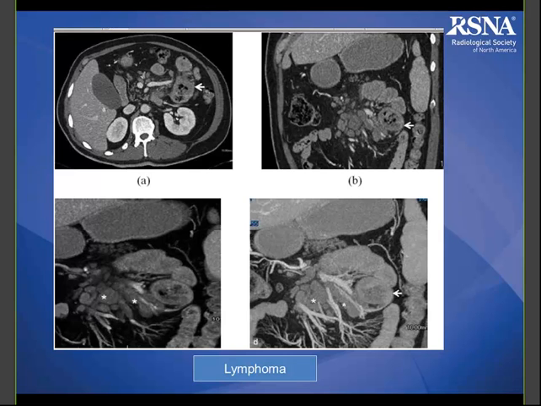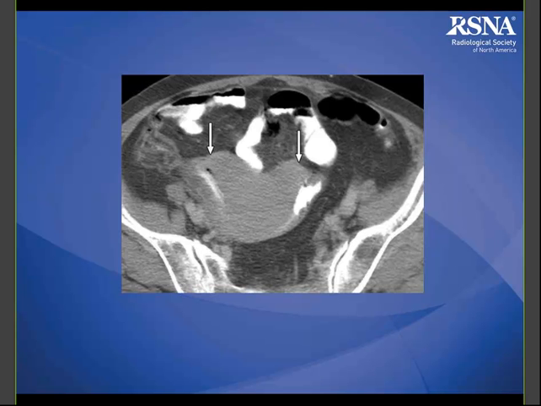So with the small bowel involvement, you also have suspicion that there's lymphoma in the bowel adjacent to it. And here's an example of very persistent wall thickening, luminal narrowing with the oral contrast, but no associated bowel obstruction, lymphoma.